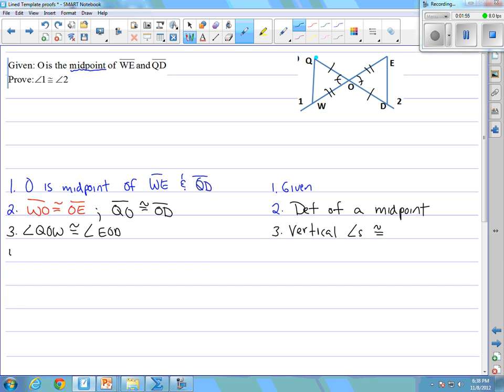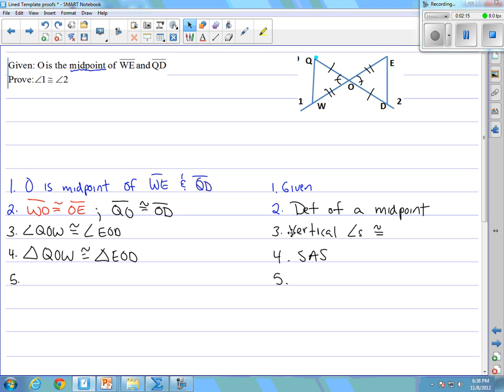Once I say that, I can say the triangles are congruent by side angle side. So I'll say triangle QOW is congruent to triangle EOD by side angle side.